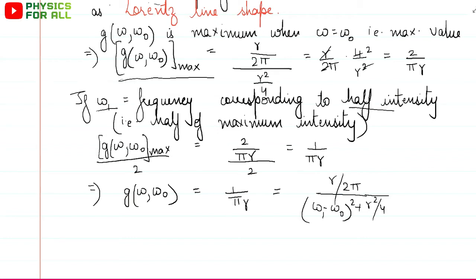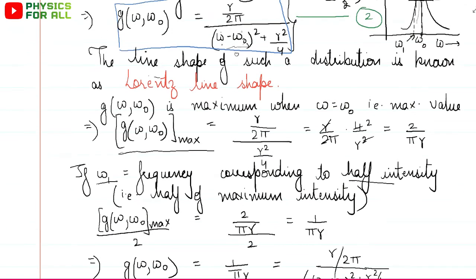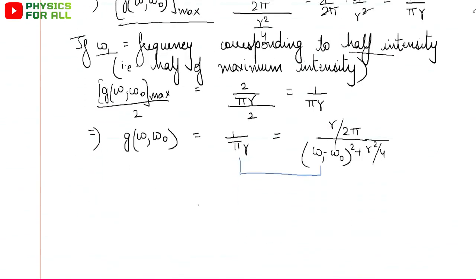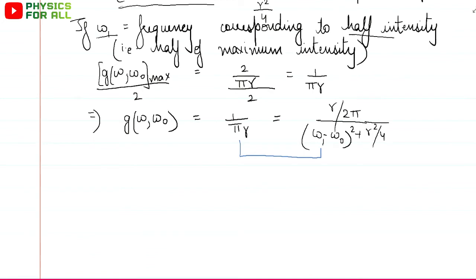Now you can see both these quantities are for g omega naught. We know g omega naught is this value here in the blue box, and we also know now that g omega naught also is this thing when the frequency is omega 1. So if we are dealing with omega 1, we can equate these two quantities because both are for g omega naught.